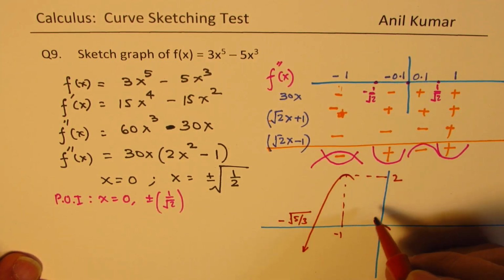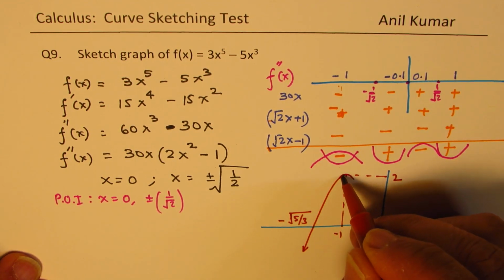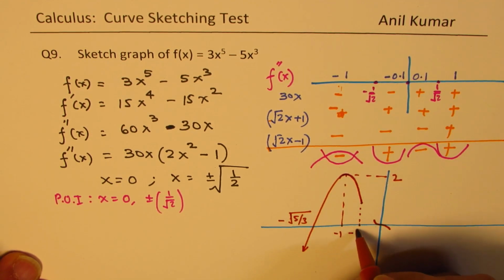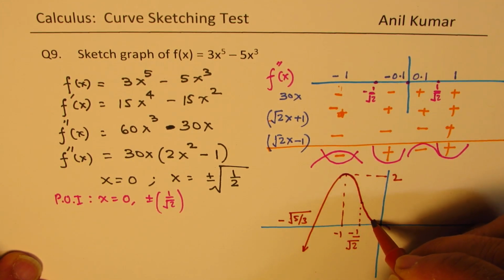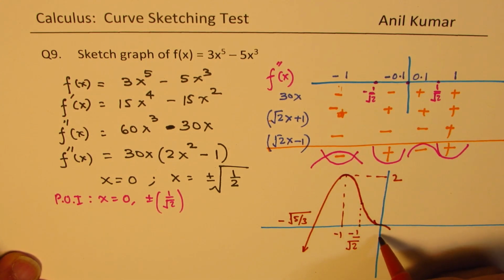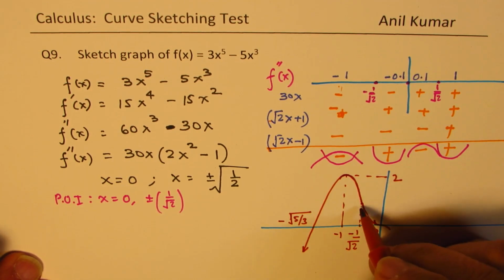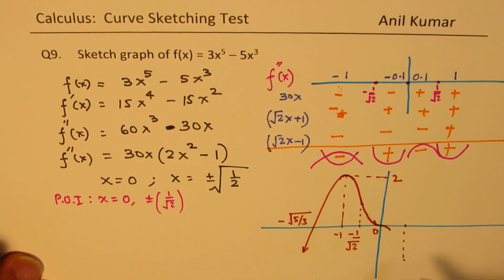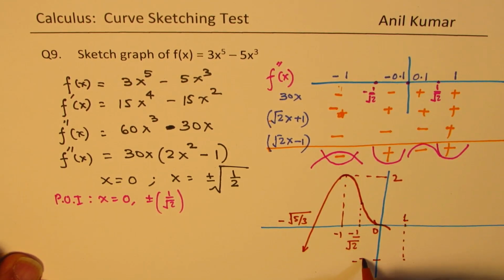So the curve and a point of inflection at 1 over square root 2 also, right? So this graph goes like this, and at this point, which is minus 1 over square root 2, we have a point of inflection. So it turns kind of like this. Do you see that part? And then we get this point of inflection at 0. Is that clear? Similarly, we are going to have a turning point here with a minimum value of minus 2, right? So at 1, we are expecting a minimum value of minus 2.